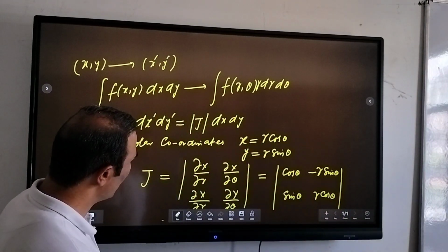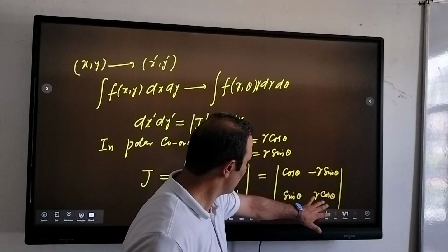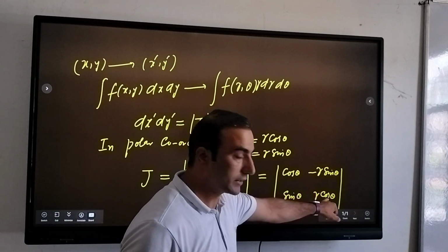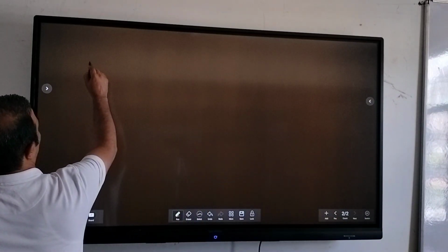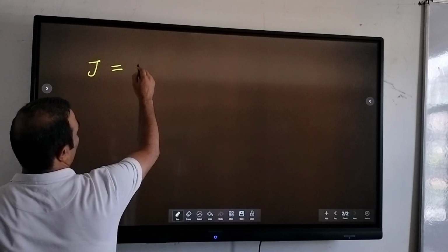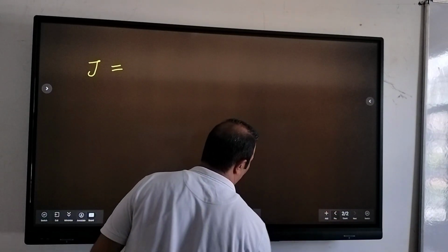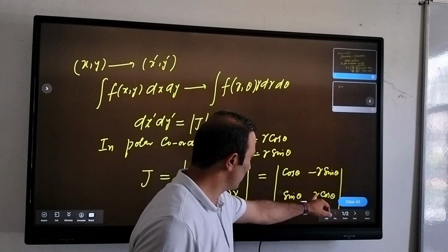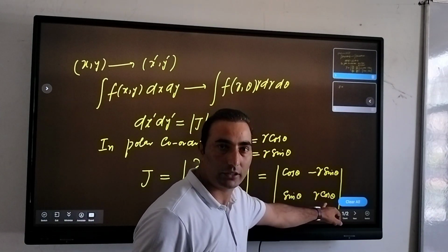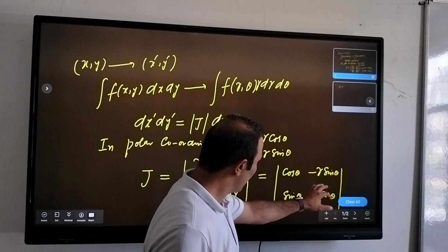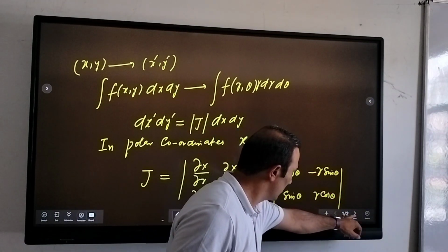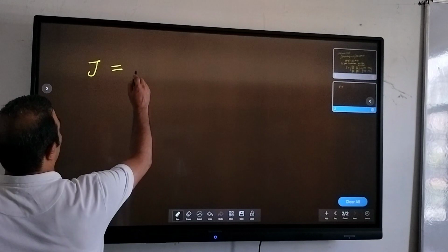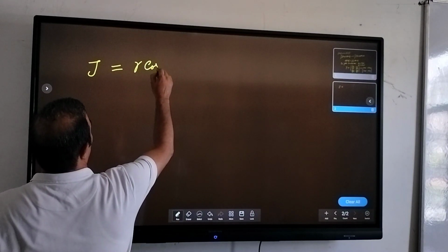So when I take the determinant, this will be r cos square theta plus r sin square theta. So that means our Jacobian will be equal to, if you check, just have a look at this. So what will come here? This will be simply r cos theta into cos theta, so that's cos square theta, and then minus, this will be plus here, r square r sin square theta. So this will be equal to r cos square theta.